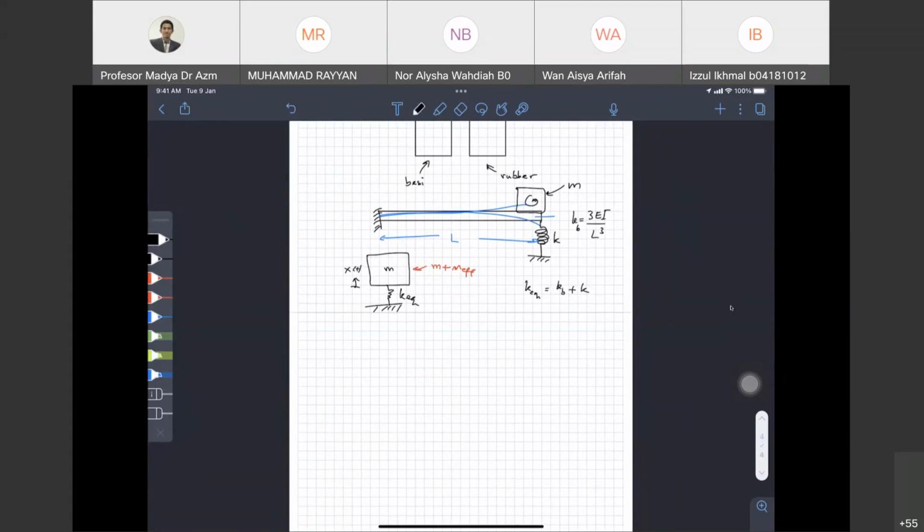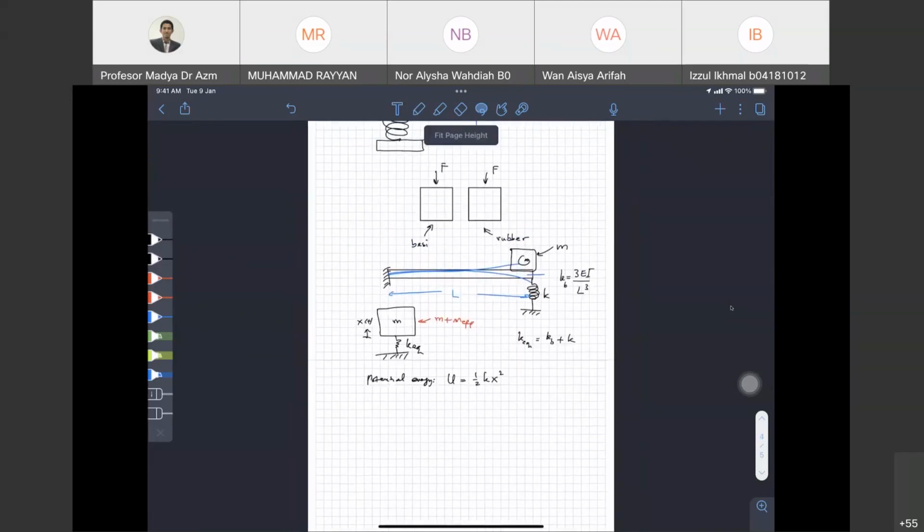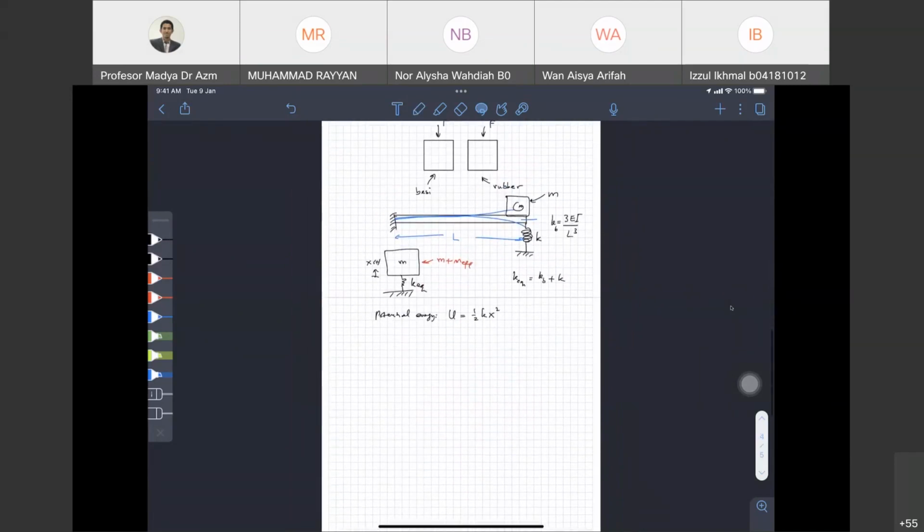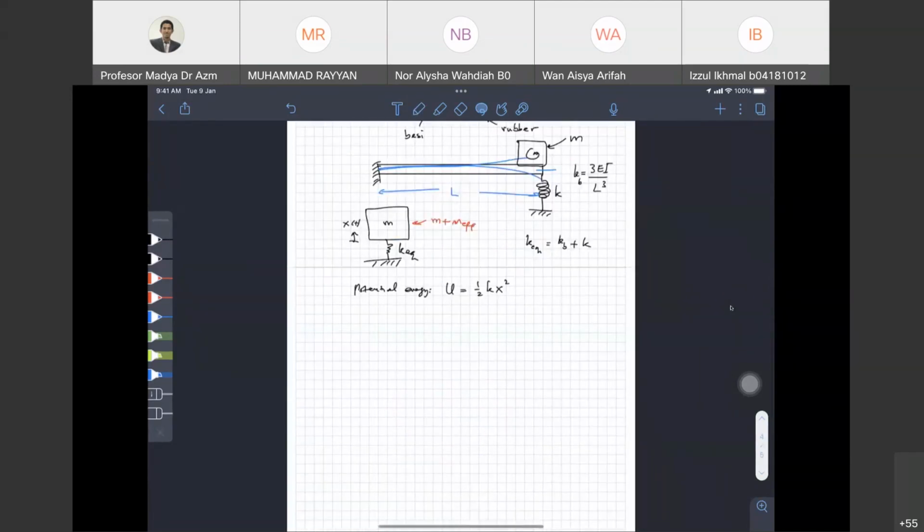So nanti boleh pakai ini juga, potential energy, setengah half K X square. Okay, so itu stiffness element. Mass element konsep juga sama.